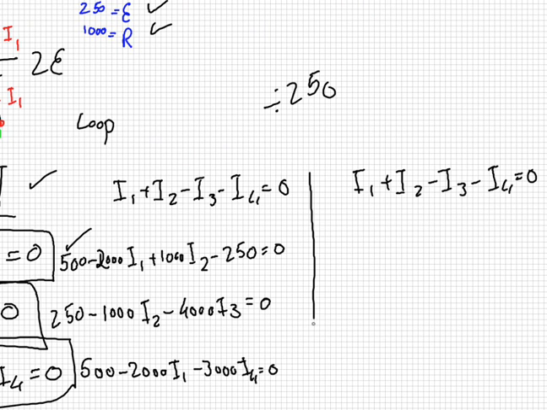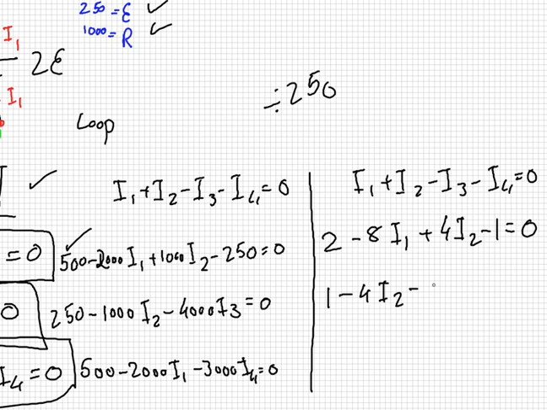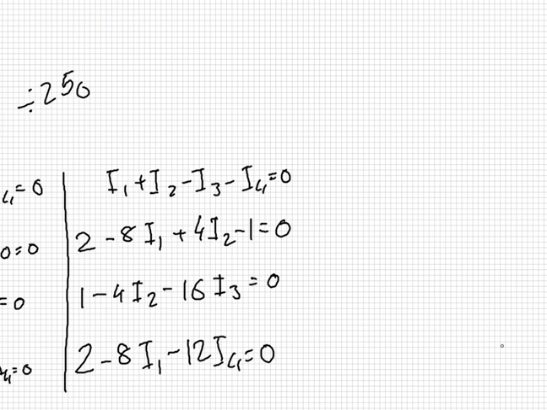This is 2 minus 8I1 plus 4I2 minus 1 equals 0. This is 1 minus 4I2 minus 16I3 equals 0. 2 minus 8I1 minus 12I4 equals 0. Going to the right again.